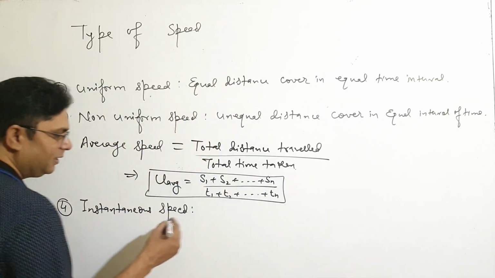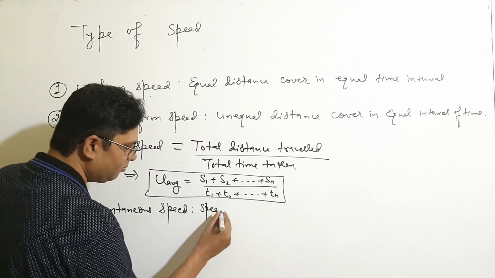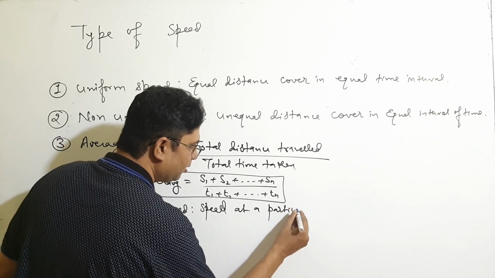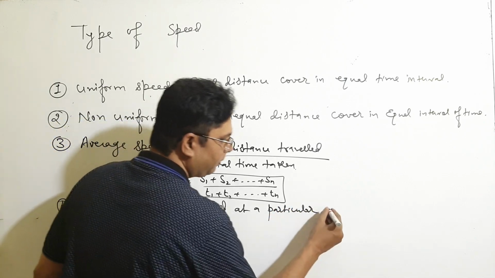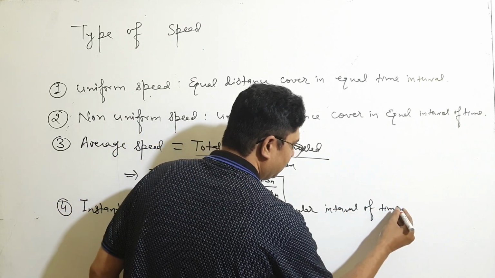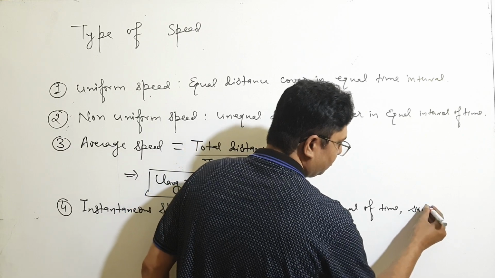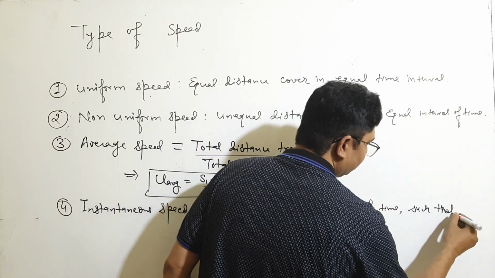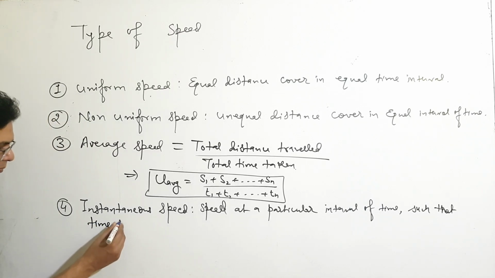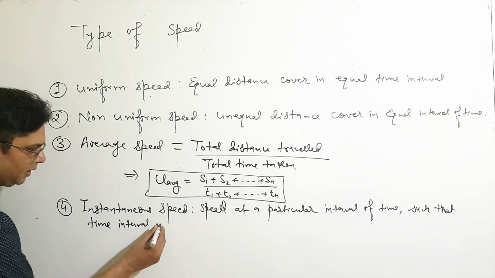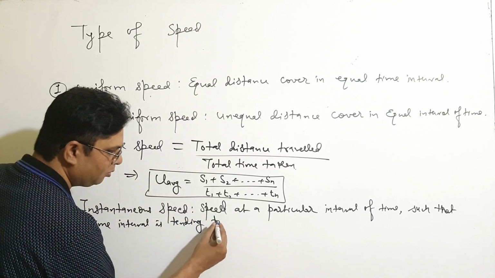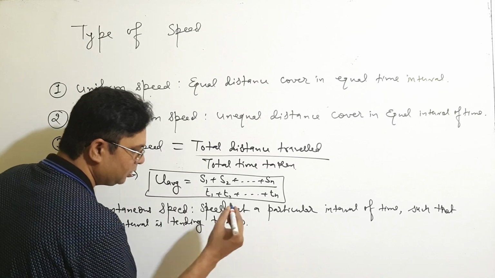This means speed at a particular interval of time such that the time interval is tending to 0.